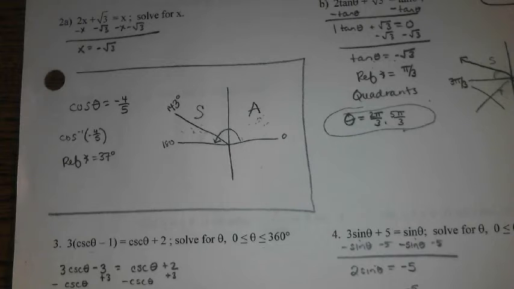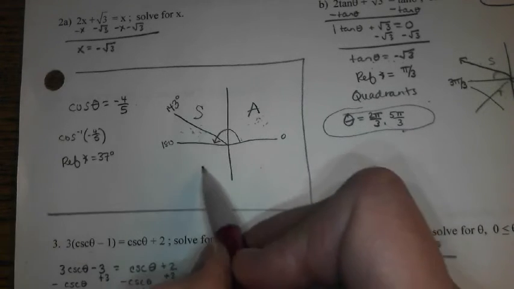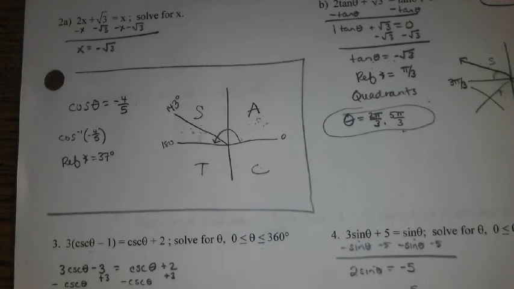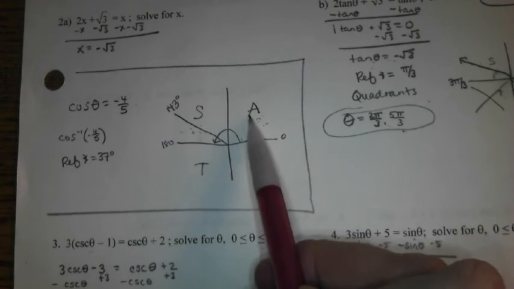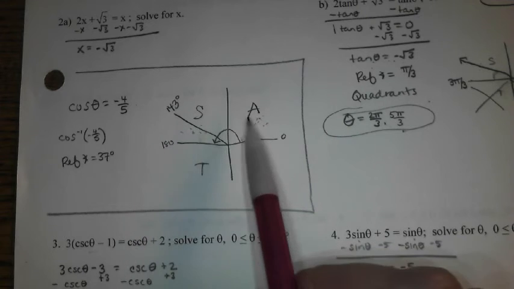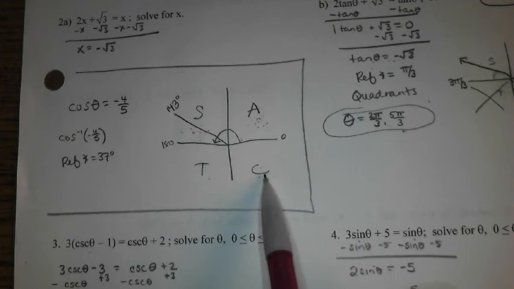Now we need to use that reference angle to find the other quadrant where cosine is negative, which is which quadrant? Where cosine is negative. All students take calculus. Cosine is positive here. Where's cosine negative? Good, the third.